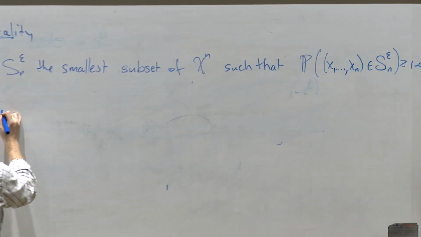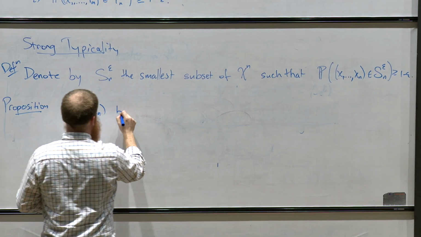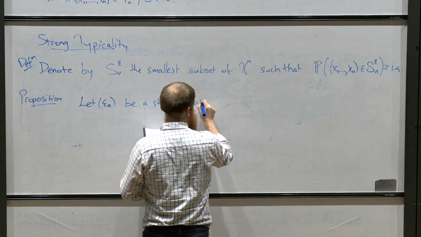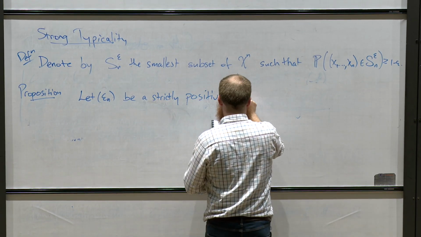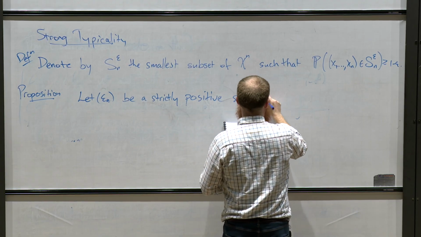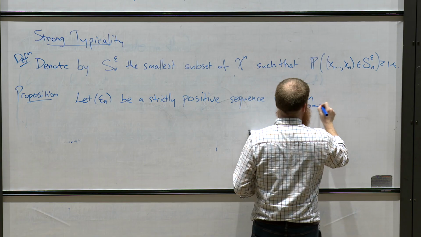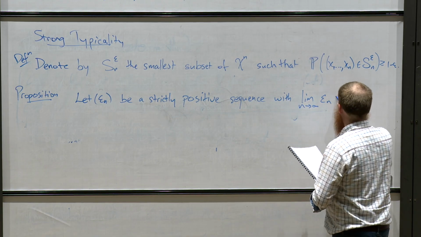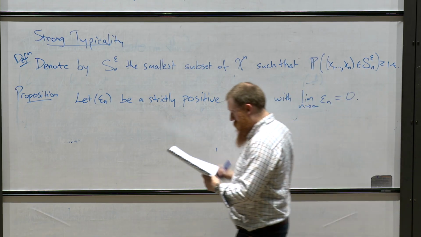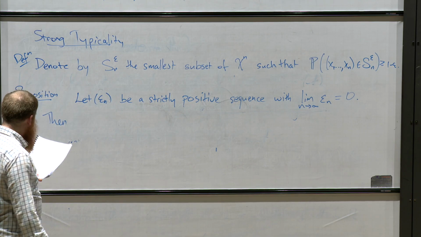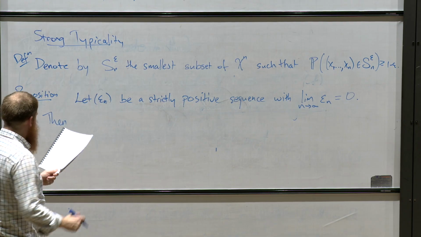Let ε_n be a strictly positive sequence with the limit of ε_n as n goes to infinity being 0. Then, how big is this set S_n?